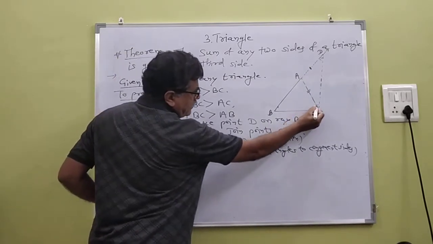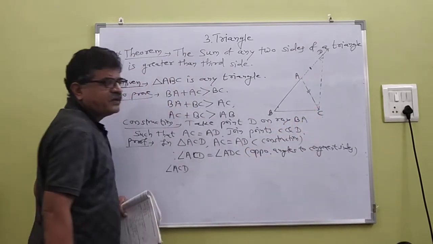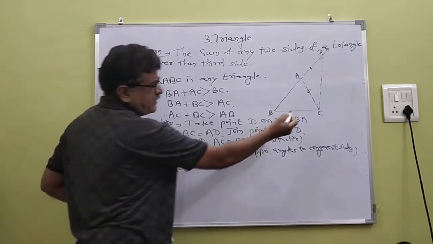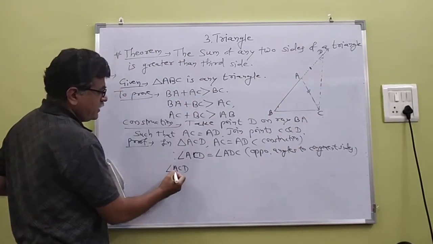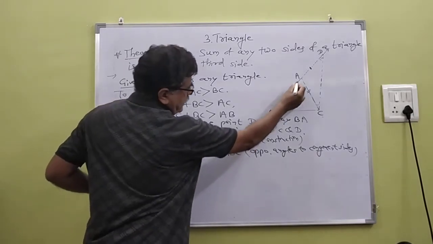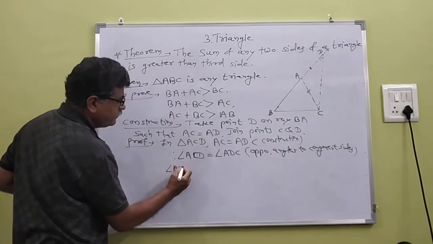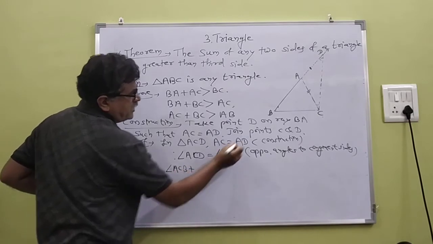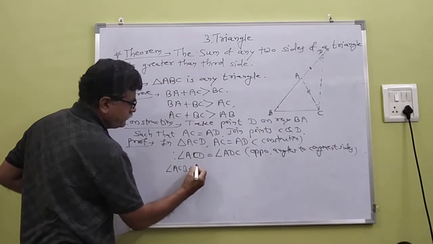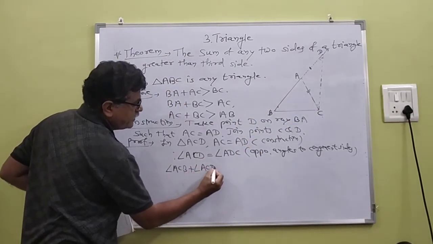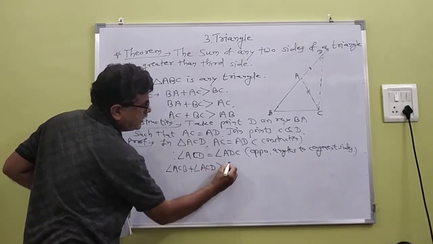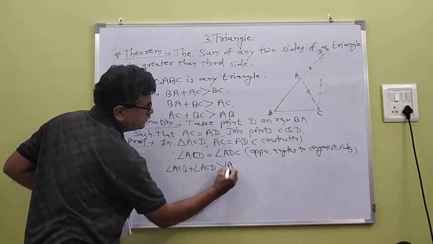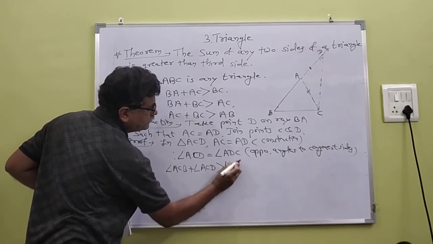If we add this angle to the left hand side, then this angle is greater than this angle. Therefore angle ACB plus angle ACD is greater than angle ADC.